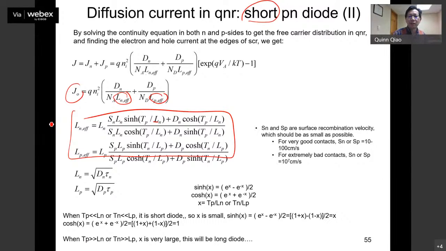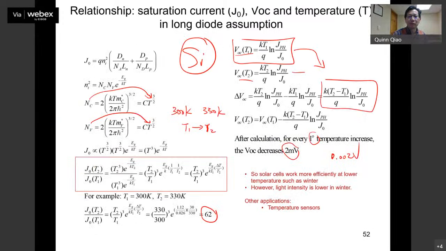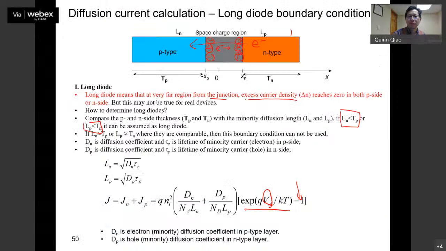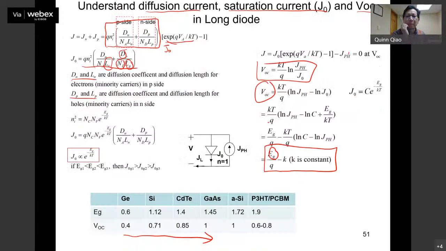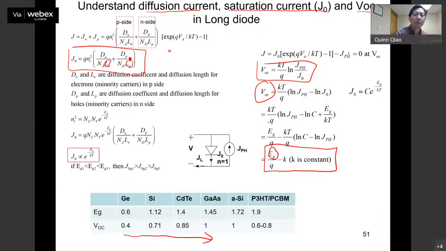If it's a short diode, it follows this equation. If it's a long diode, it follows this one. Here Ln and Lp: Ln is the square root of Dn times tau n, and Lp is the square root of Dp times tau p. That's it, right?